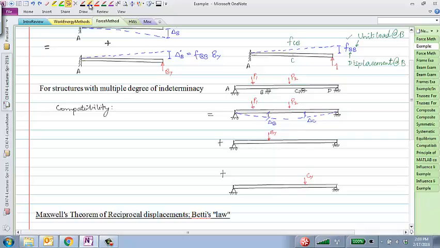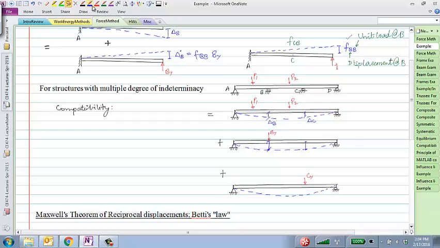Similarly, this one would also deflect, and the third structure would also deflect. We would have to calculate the deflection of the second and third analyses also at the points B and C. So I'm going to write that as the displacement at B and the displacement at C. What should I call this displacement?